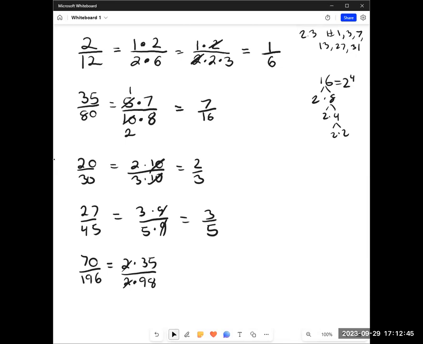Now my only factors left are going to be 5 times 7. 98 is not a prime number. It's 2 times 49. And oh, I see that 7 goes into 49 7 times now. So that leaves me with 5 times 1 is 5, and 2 times 7 is 14, and 5 doesn't go into 14 anymore.